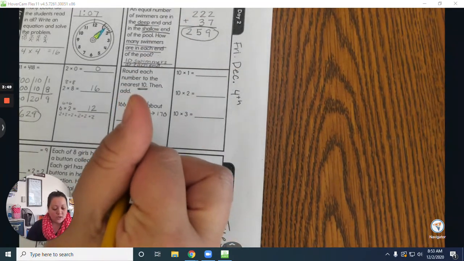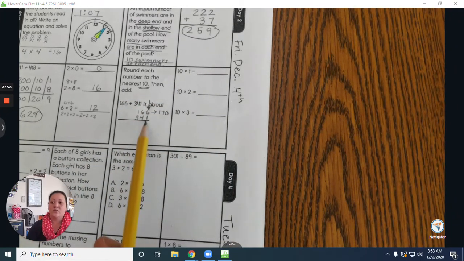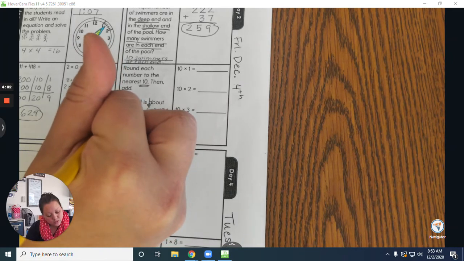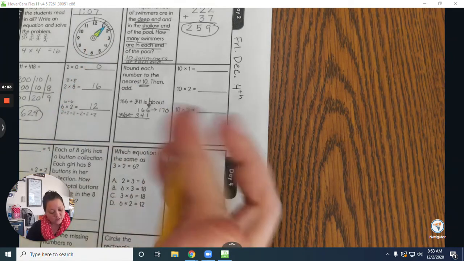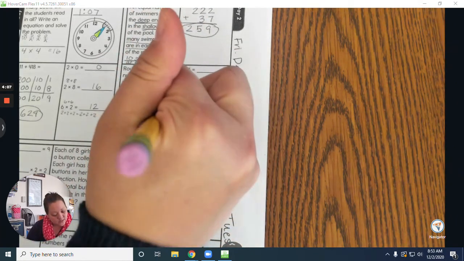Now 341, the number I'm worried about is the 1 right here. Is 1 more or less than 5? If you said it's less than 5, you are correct. And you're going to round down to 340. Okay, so now I have to take these numbers, 340 plus 170.